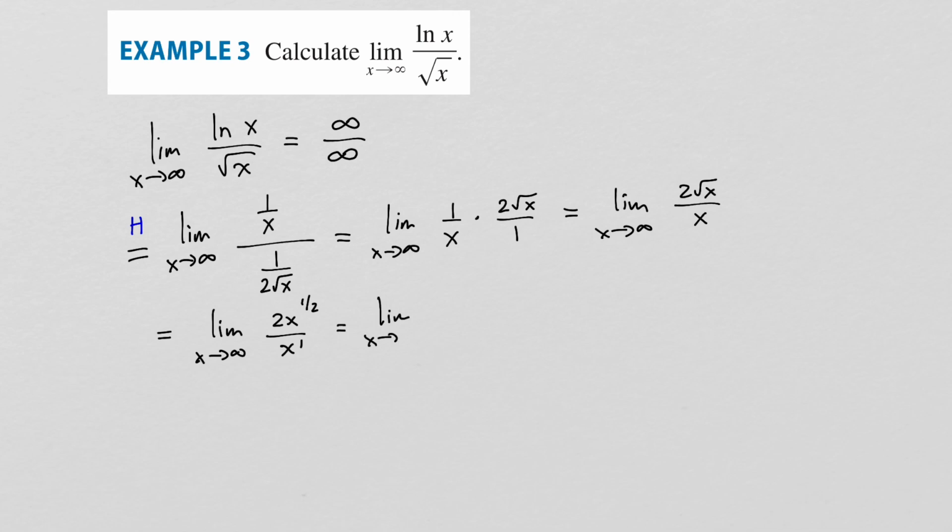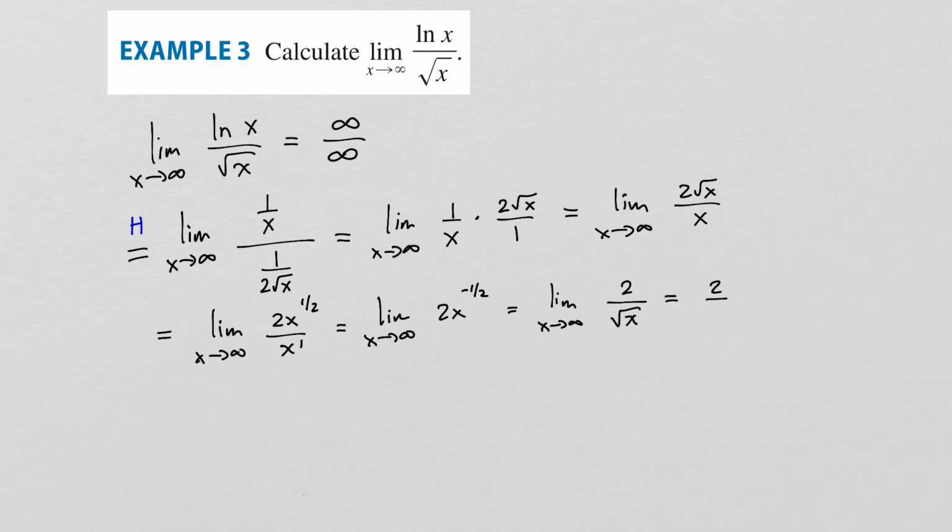And this becomes 2x to the negative 1/2 because we can subtract these powers. And then I'll just take the liberty to express this as 2 divided by x to the 1/2, which is the square root of x in the denominator.